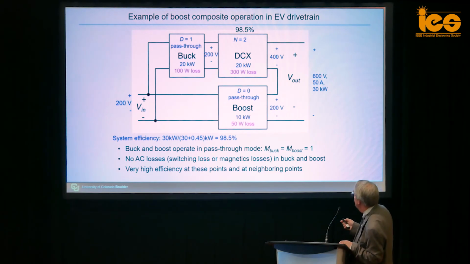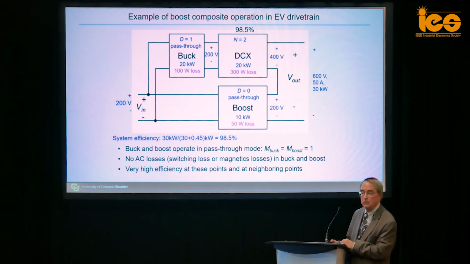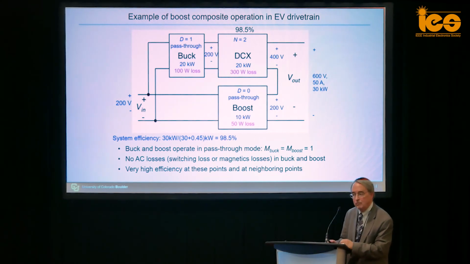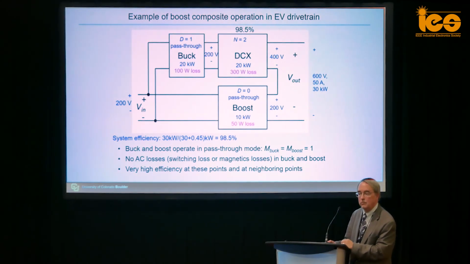So my feeling is the idea is to use the benefits of the planar transformer to adjust the output voltage level to optimize the switching losses in the converters.